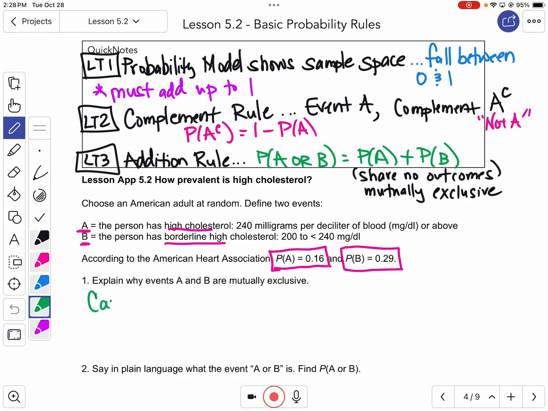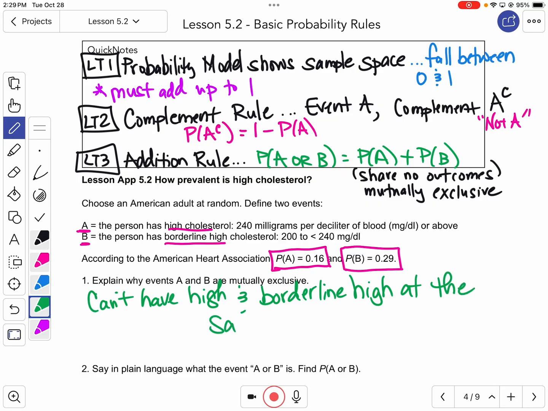It's because we can't have high and borderline high cholesterol at the same time. Right? So one of your questions may say, are these events mutually exclusive, yes or no, and why?